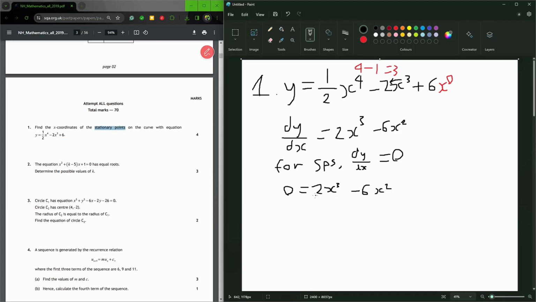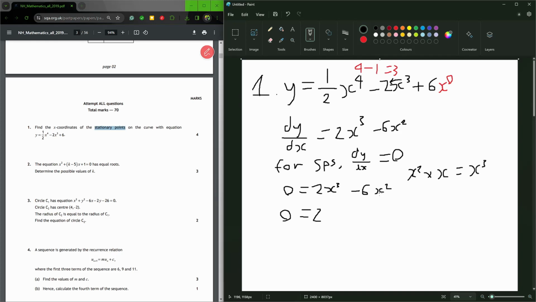Well, I'm looking at this and I'm thinking I can divide both sides already by 2. But I want to get these x terms as well. And x squared goes into x cubed, because if I quickly draw this out over here, x squared times x equals x cubed.